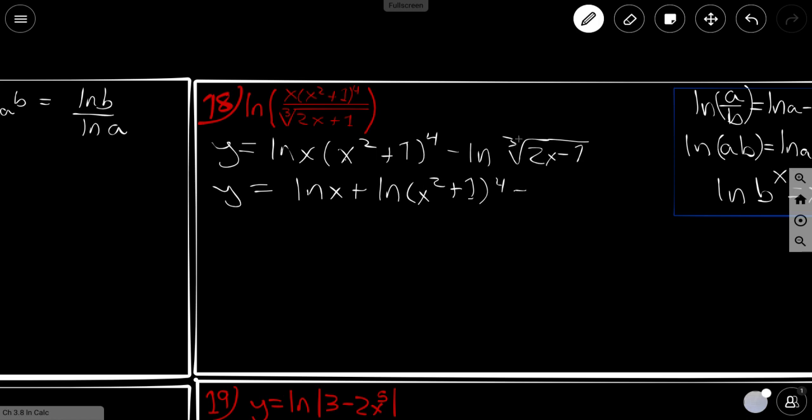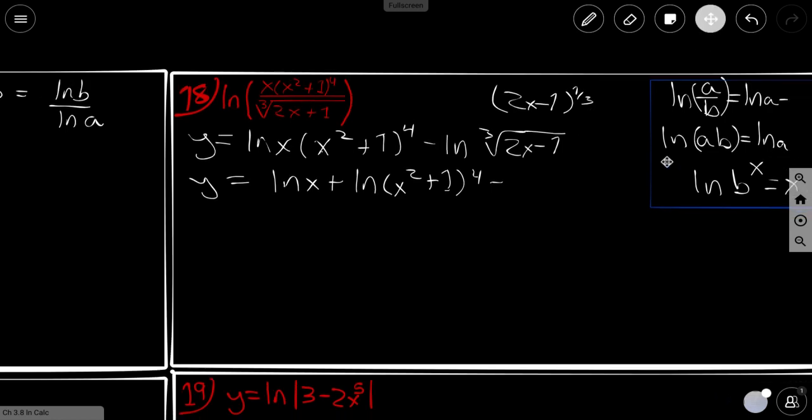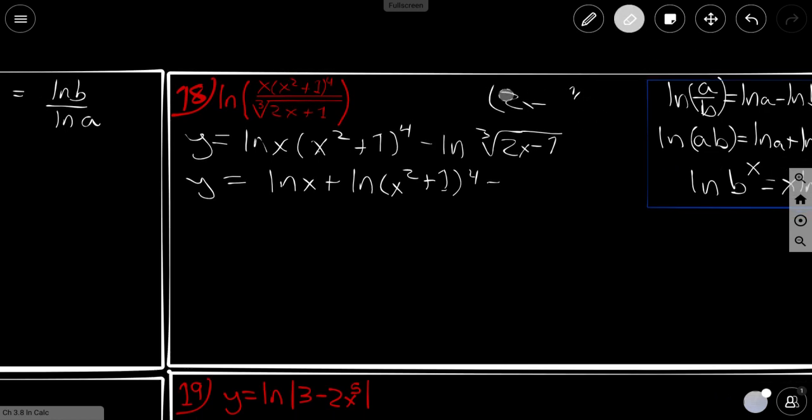So this right here is equivalent to 1/3. So we're going to go ahead and use the exponent rule for that one.